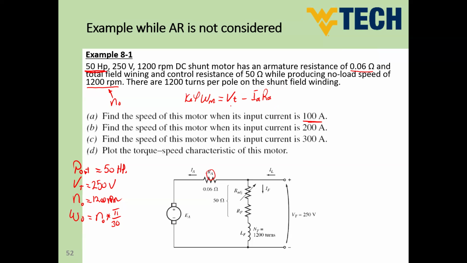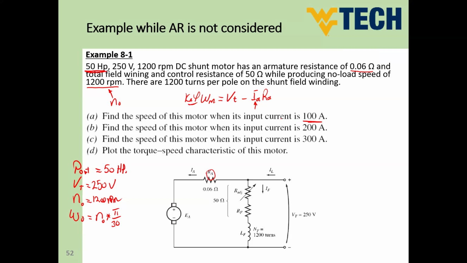Actually, we have V terminal because the motor supply is mentioned here, 250 volt. You need the motor parameters, the armature resistance, and this is also given in our question. You need to know a certain loading condition with the armature current, and this is also given here in part A. So we have all of the right-hand side parts of the equation, and we still need to calculate the factor Ka phi in order to calculate the motor speed.